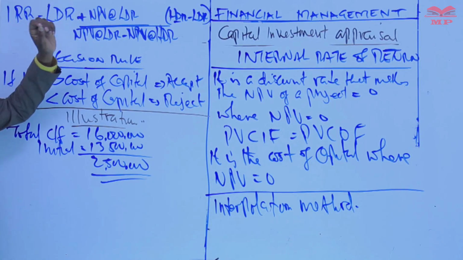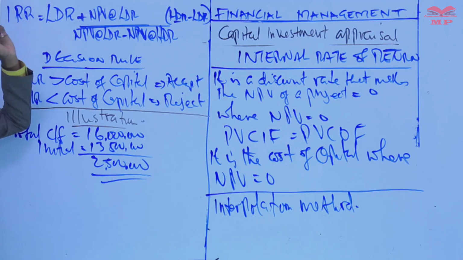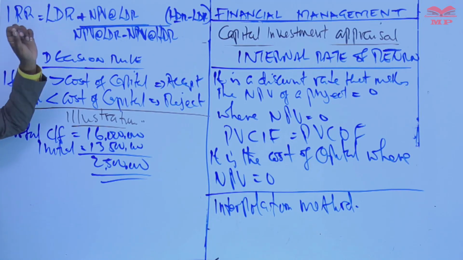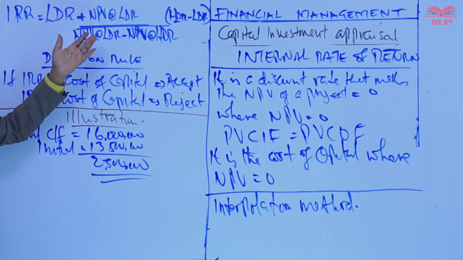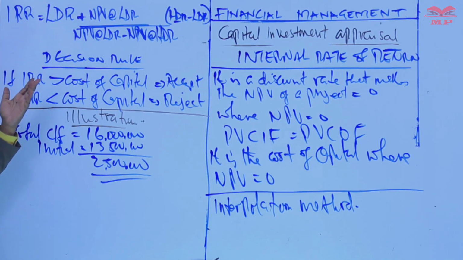Because in computing IRR, the internal rate of return, we have to discount the cash flows at two discounting rates.